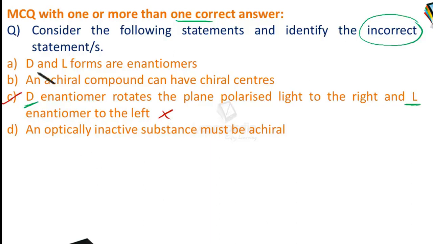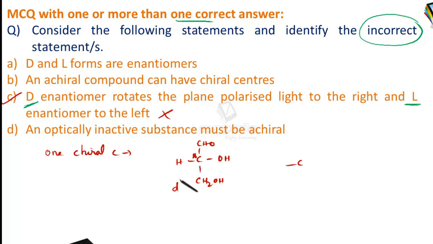Then come to option A. D and L forms are enantiomers. And this is true only for a compound which has one chiral carbon, isn't it? If we take the case of the same glyceraldehyde, whose structure is like this, as there is a chiral carbon, definitely it rotates the plane polarized light either towards the right side or left side.